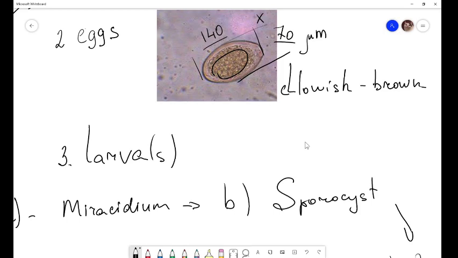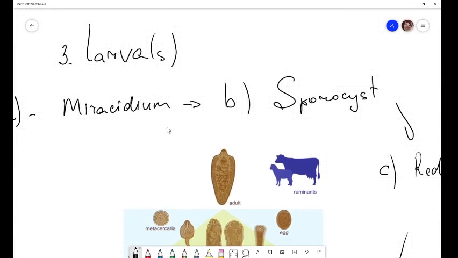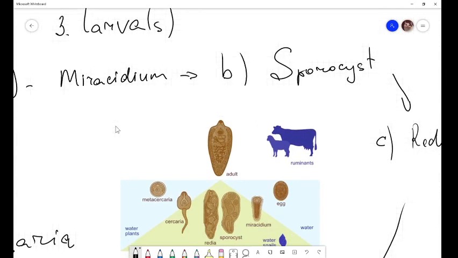This is a larva. Actually, eggs contain a first stage of larva. Okay, and what is the first stage of larva? The first stage of larva is called miracidium.